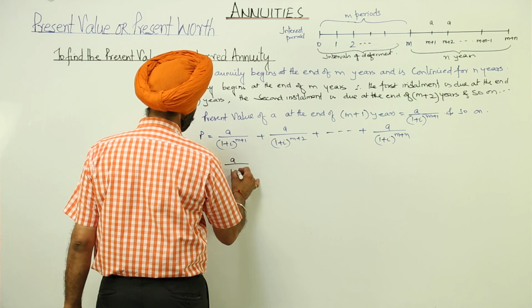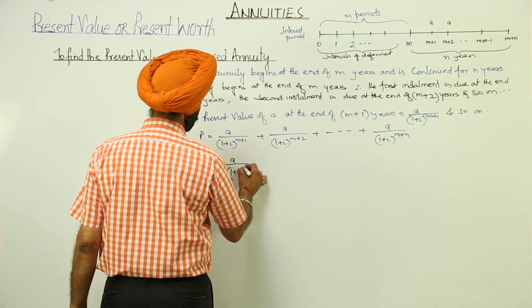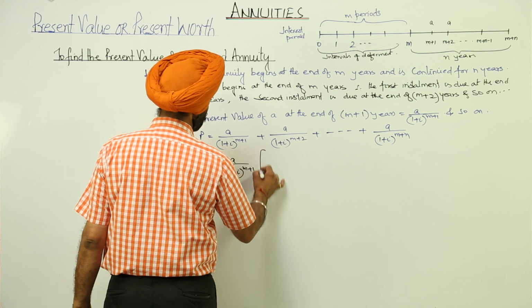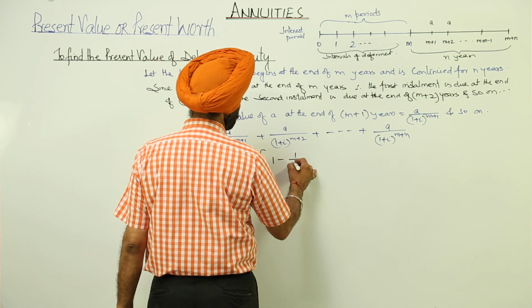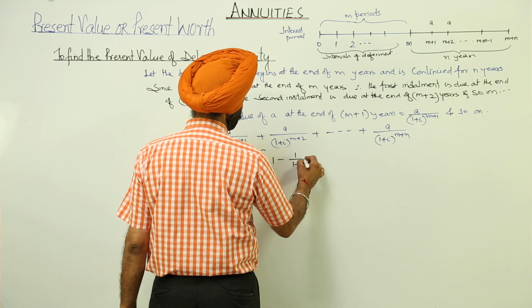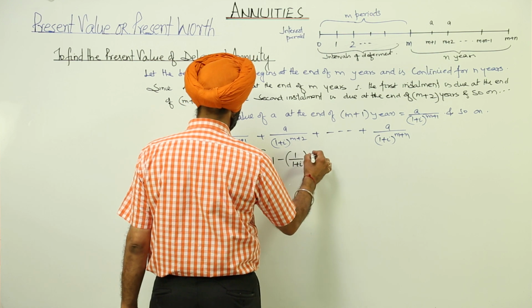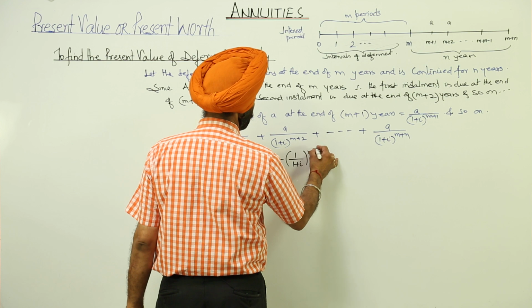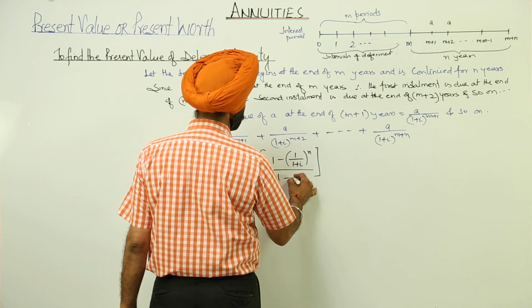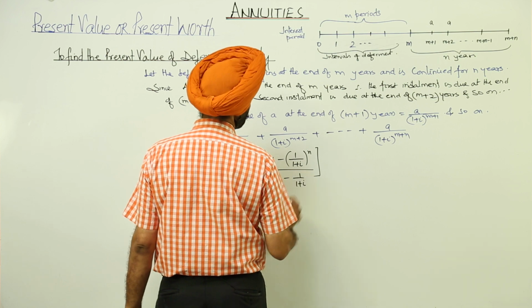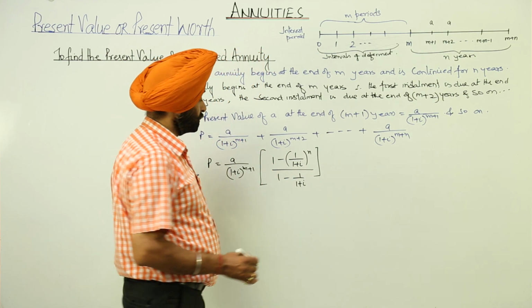A upon (1 plus I) to the power m plus 1, times 1 minus (1 upon 1 plus I) whole to the power n, upon 1 minus 1 upon 1 plus I, using GP.